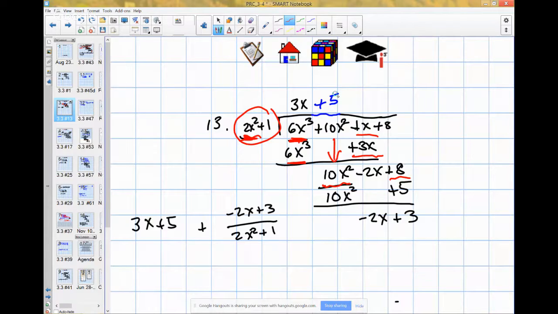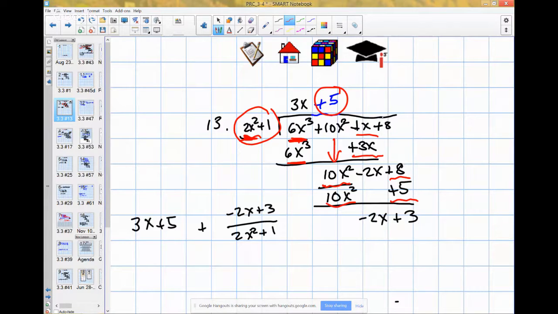And that would be plus 5. Plus 5 times 2x squared is 10x squared. 5 times 1 is 5. Again, I can't stick that underneath an x, so I had to skip a column again. And now when you subtract, goodbye x squareds, we still have a negative 2x, and we have a 3.